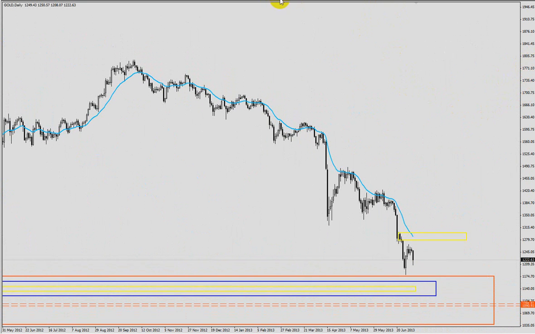Let's try to use the Fibonacci, check the extension of the last move up. The 161.8 Fibonacci extension is slightly below the support zone, but it's still within the blue range, still within the weekly range, so it's worth taking a look at these levels as well.